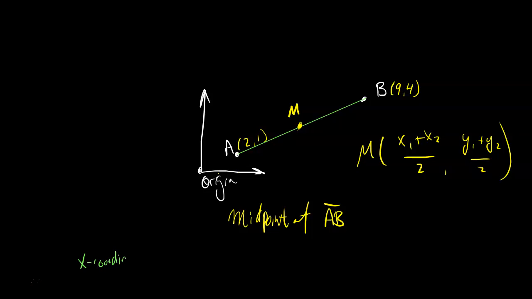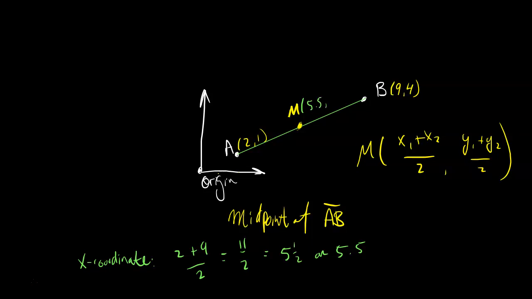That's, if you can write more neatly than I can with this computer, good job. All right, so the x-coordinates, well, we have 2 and we have 9, and we cut it in half. That gives us 11 halves, and for our purposes, you can either call that 5.5 or 11 halves, whatever you prefer. And that will be the first coordinate of M.